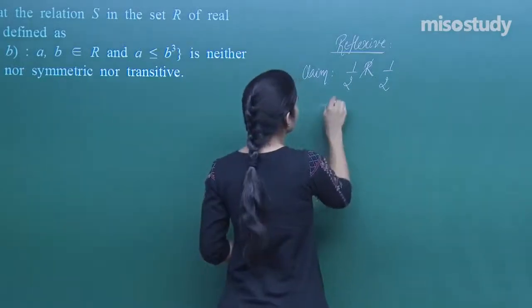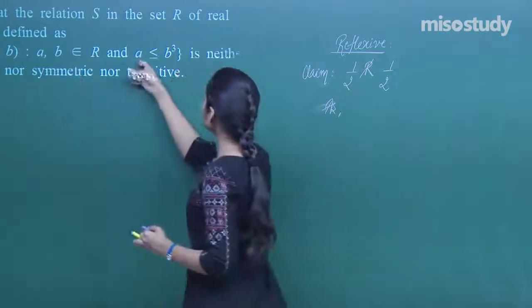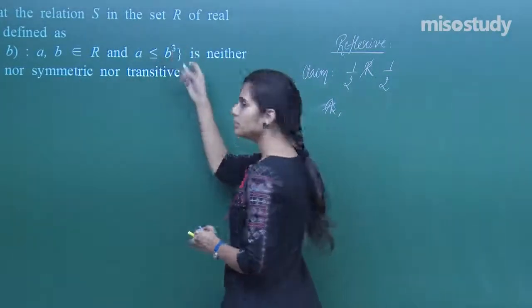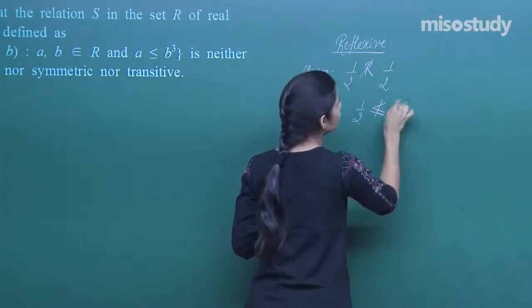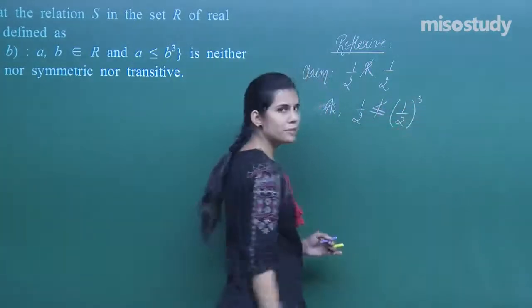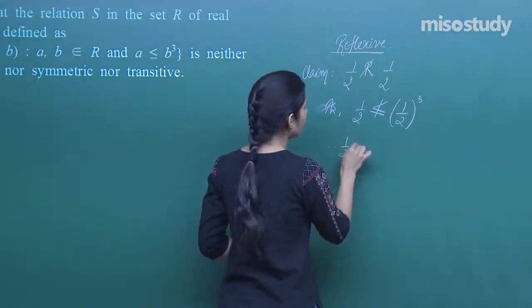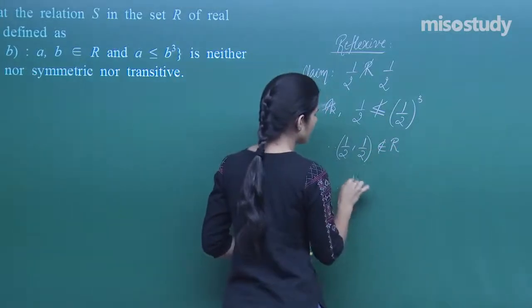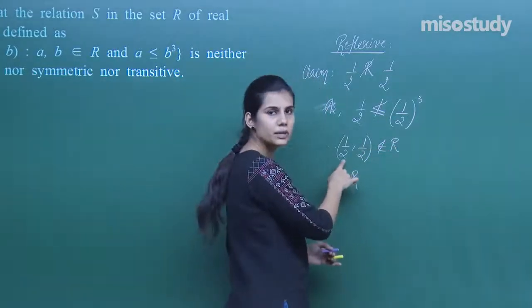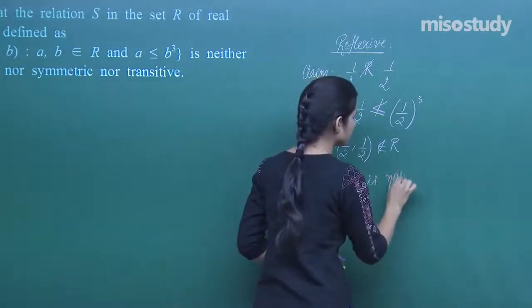Why? 1 by 2 will be related to 1 by 2 only when 1 by 2 is less than or equal to 1 by 2 cube. As 1 by 2 is not less than or equal to 1 by 2 cube. Yes, 1 by 2 cube is 1 by 8. 1 by 2 is not less than 1 by 8. Therefore, 1 by 2 comma 1 by 2 does not belong to R. And there exists some particular real number which is not related to itself and therefore R is not reflexive.